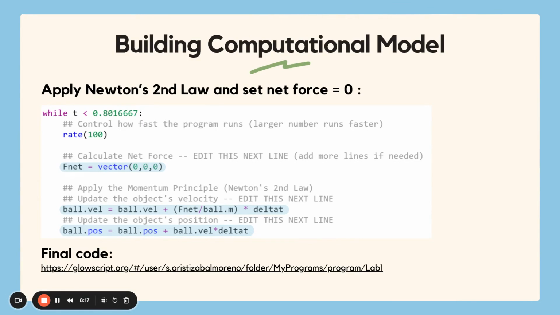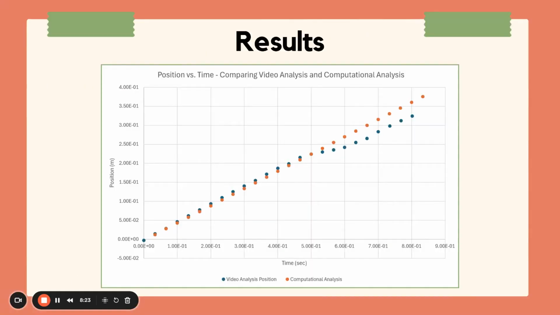If we graph these computational results side by side with the actual observed results from the video analysis, we obtain a graph that looks somewhat like this. As we can see, the orange dots represent the computational model results, while the blue dots represent the video analysis position. While the computational model generally follows the video analysis data, there are slight variations, particularly at later time intervals.